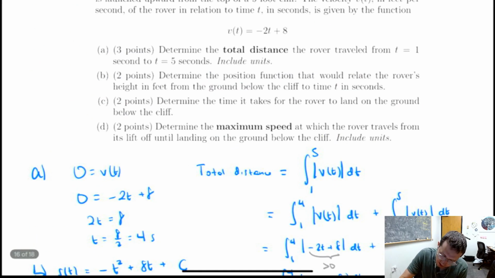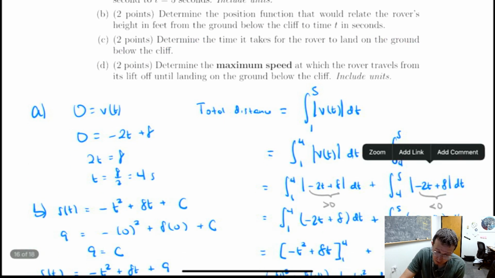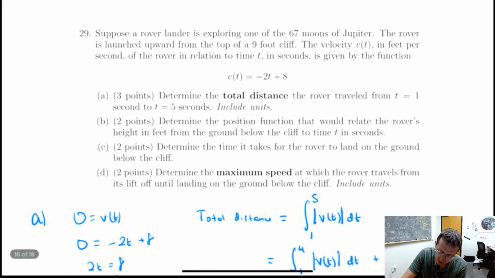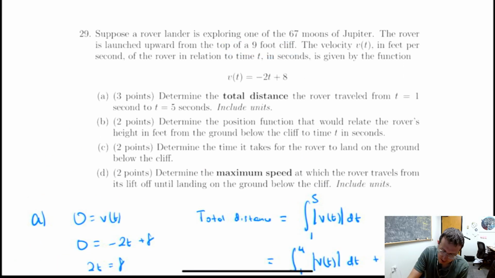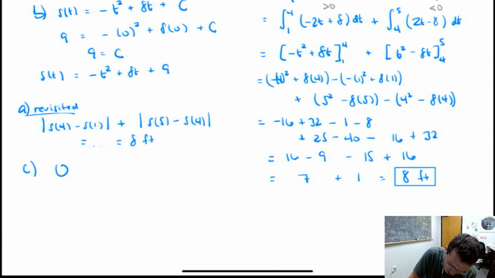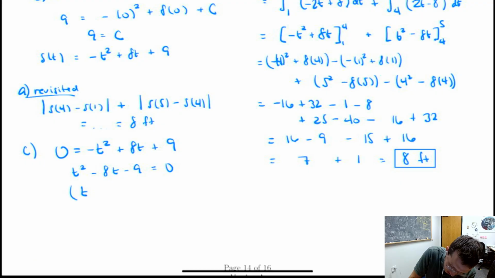Okay, part C. Determine the time it takes for the rover to land on the ground below the cliff. Well, I'm saying that its position at the start, at the top of the cliff, is at 9 feet. So it reaches the ground when its position is 0. I'm going to set the position equal to 0 and solve.